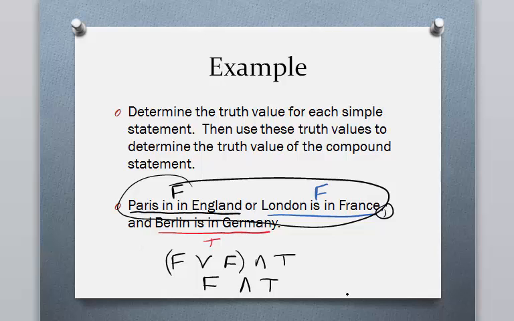So we've now taken care of what's in parentheses. False and true gives us a false outcome. And so we know that the truth value of the compound statement is false.